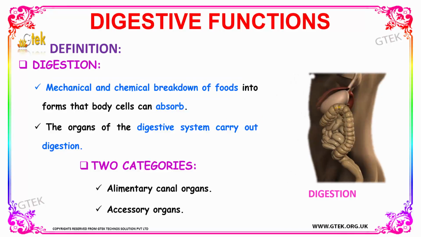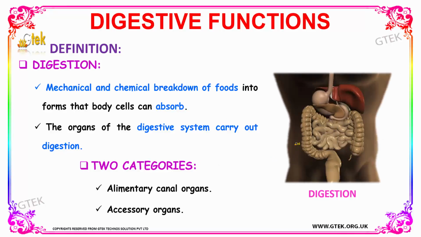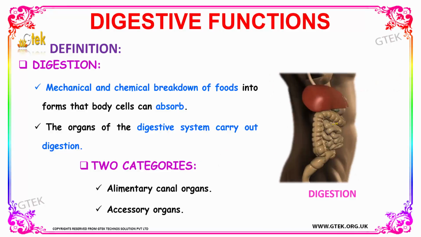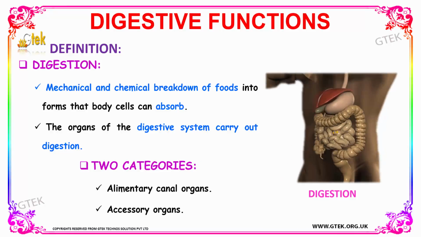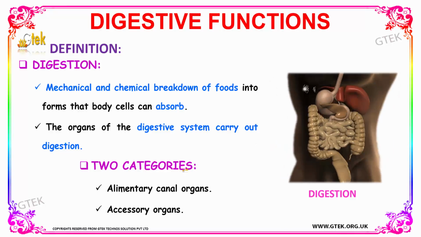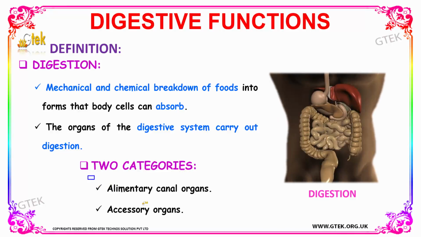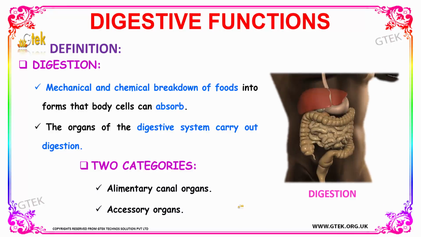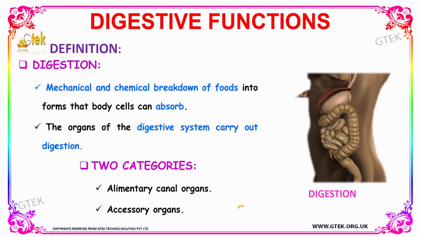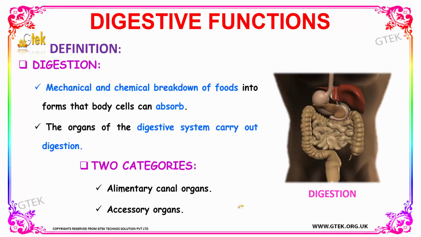The organs of the digestive system carry out the digestion so that the absorption of the nutrients can be easily done. There are two categories of organs which help in digestion: alimentary canal organs and accessory organs. So these two are the categories of the organs that help a person in digestion.